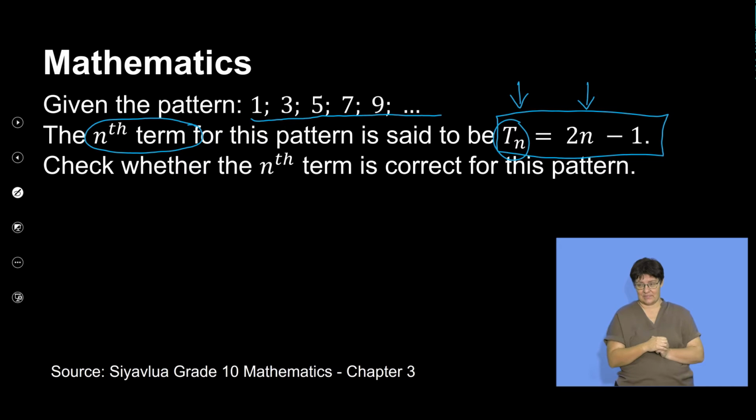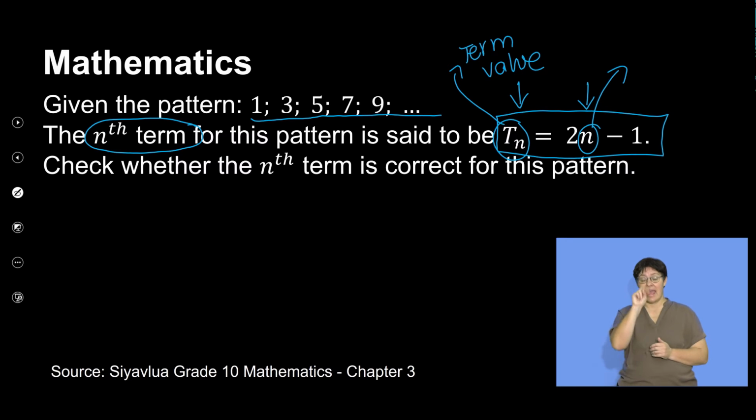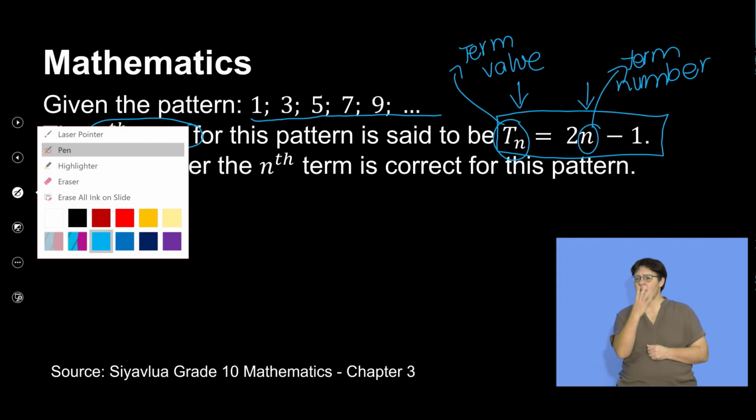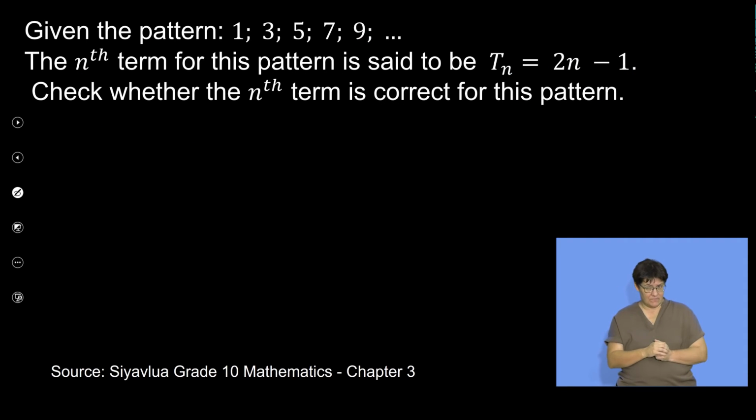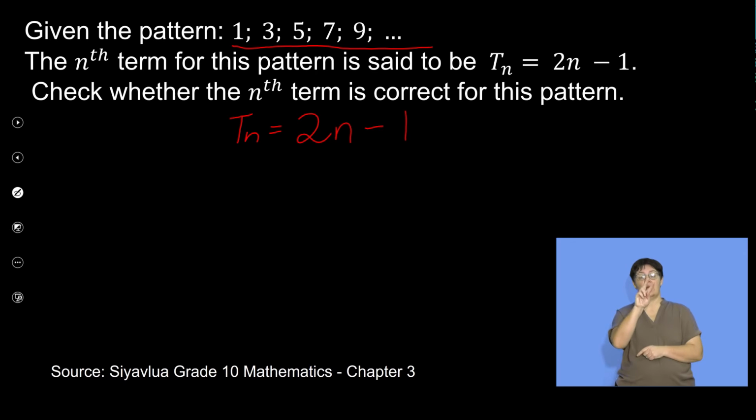Just a reminder, Tn is the term value and n is the term number. The question has asked us to check whether the nth term is correct for this pattern. So the pattern is 1, 3, 5, 7, 9. I have the general term that has been given to me as Tn is equal to 2n minus 1.